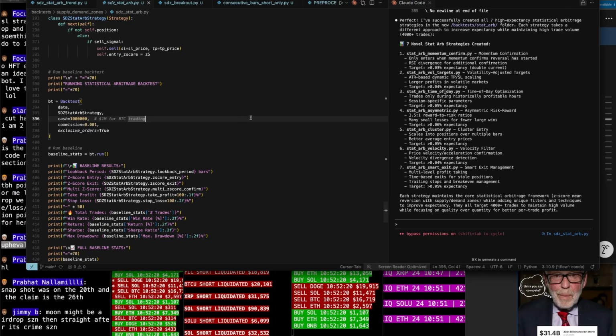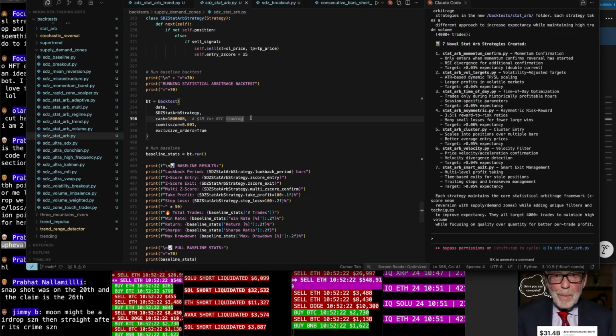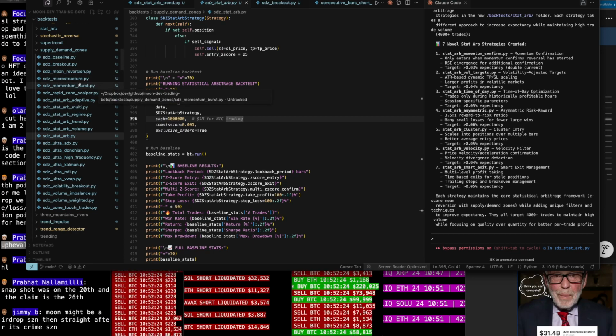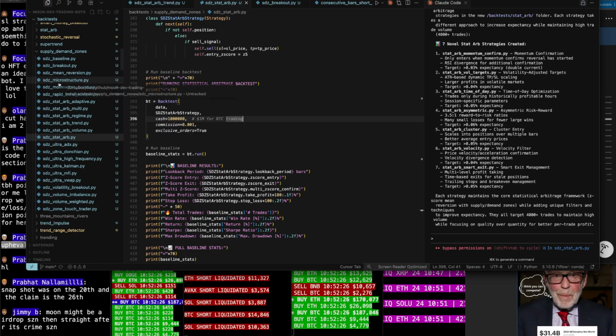So let's go over to backtest here, and stat arb momentum confirm here.